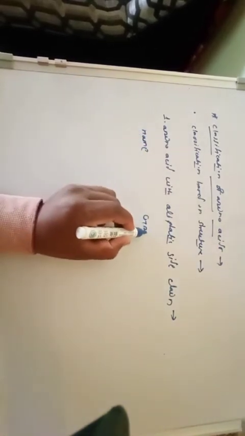The first one is glycine. You can write here the name, then symbol, and then structure.